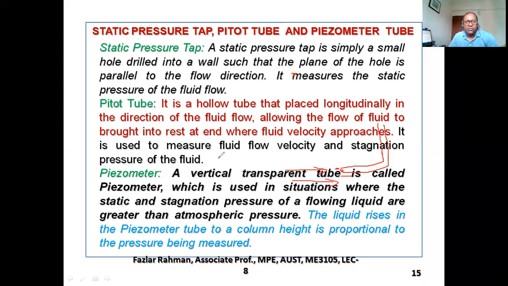So that means you have two pressures. One is static pressure, P by gamma. Then V square by 2g is called dynamic pressure. But you stop the fluid right over here, so this energy will convert into pressure energy and be summed with this one. That means it will increase the fluid pressure. That is called stagnation pressure.